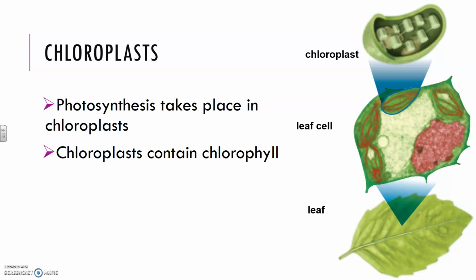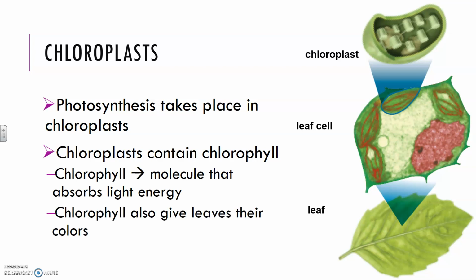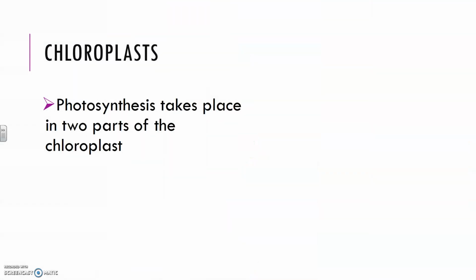They absorb everything but the color that they reflect. So red chlorophyll absorbs everything but red light, and so on and so forth. So that's where you get your different leaf colors in the fall. Chlorophyll is a molecule that absorbs light energy, and it also gives leaves their colors.